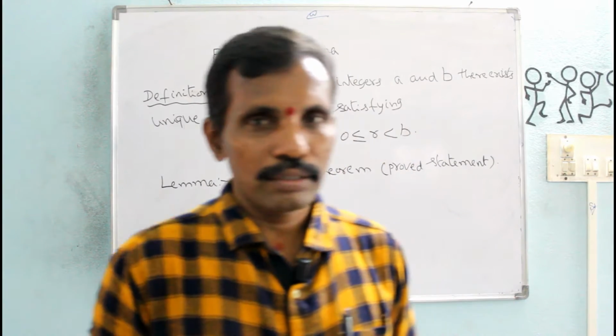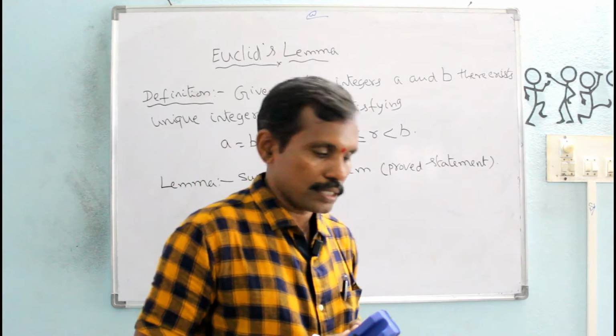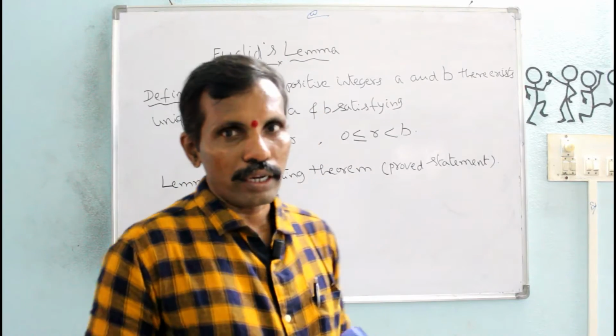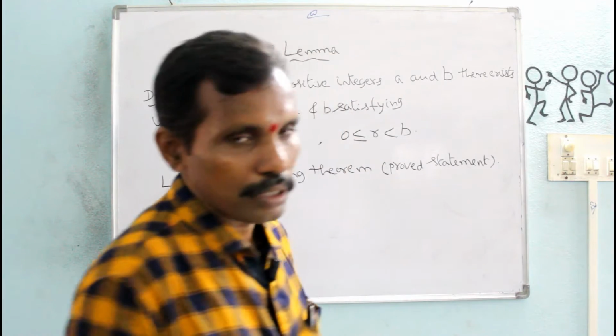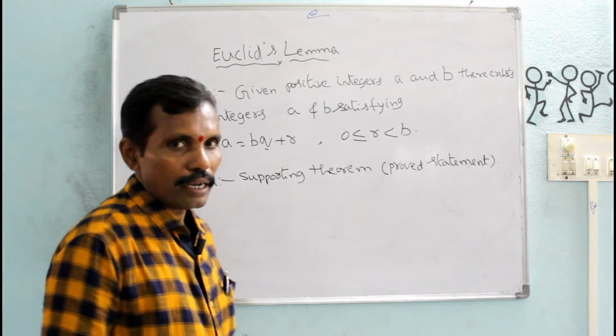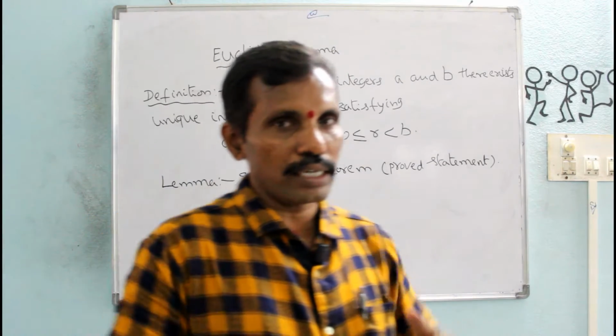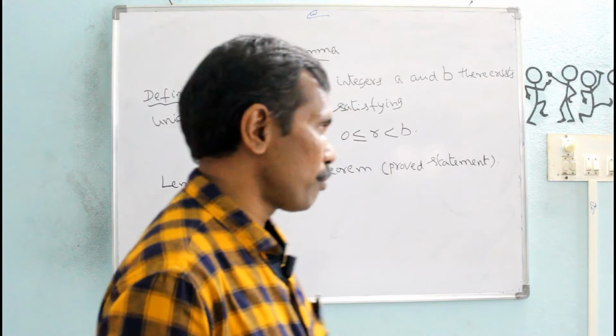Today in this class we are discussing real numbers. What are real numbers? In the last video we explained about rational and irrational numbers. The combination of rational and irrational numbers is called a real number.